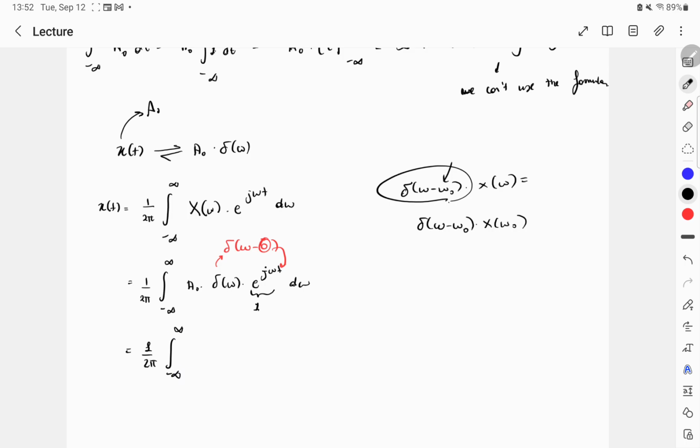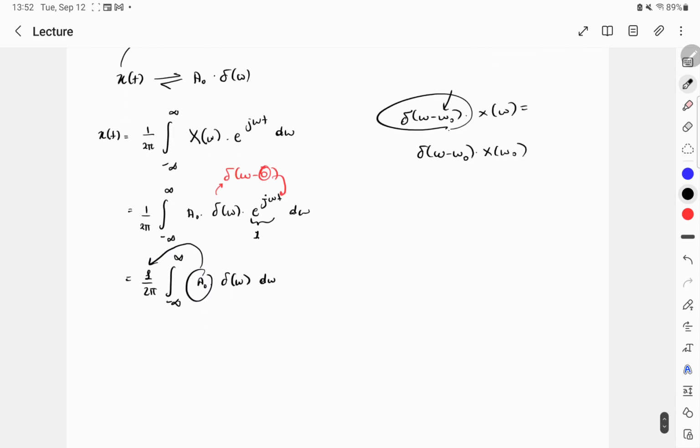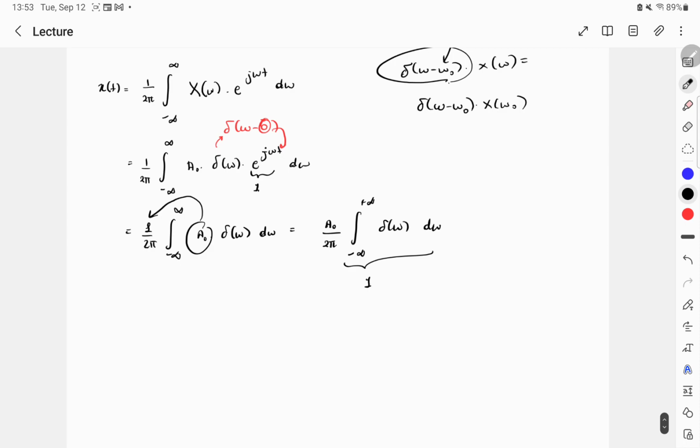The integral from minus infinity to infinity of a naught times delta omega d omega, and then we can put a naught outside of the integral as it is a constant. And here, this value over here is just 1, as we already know.